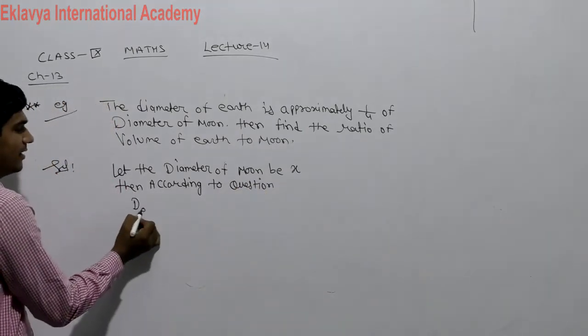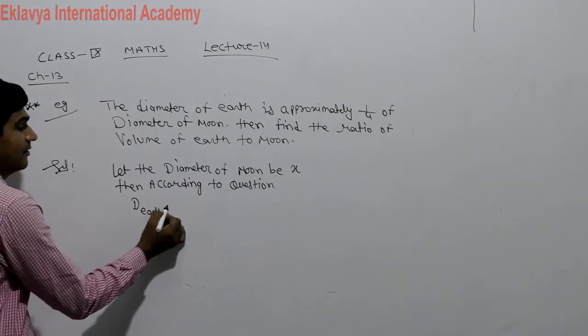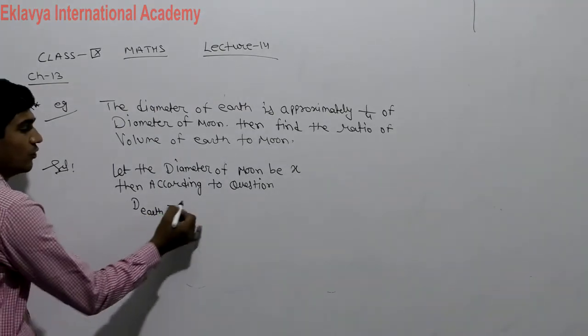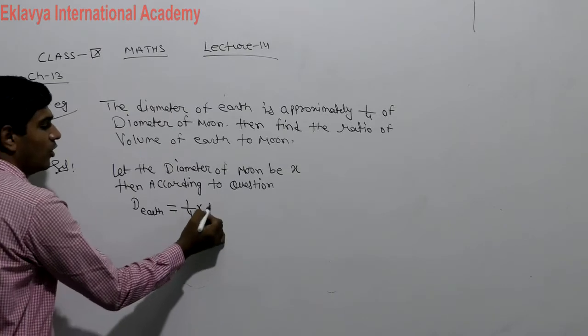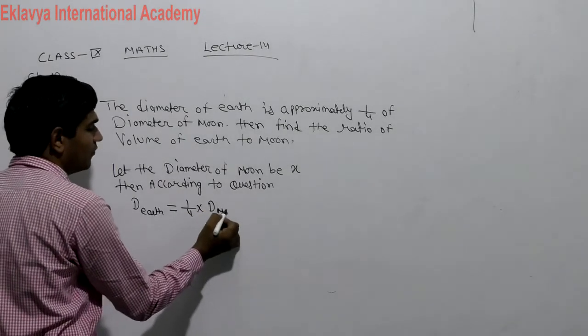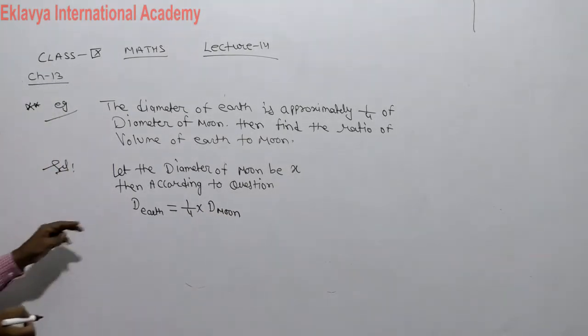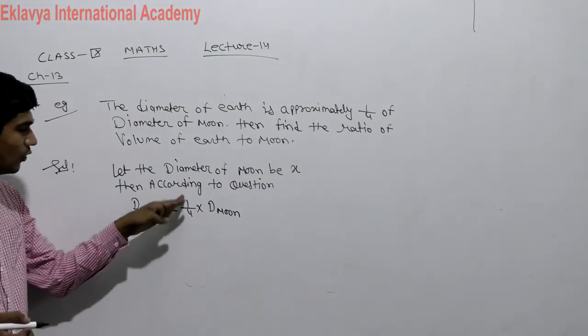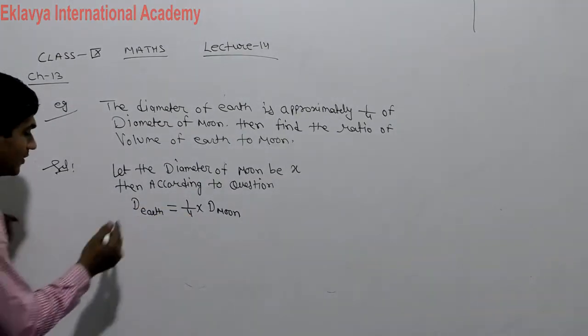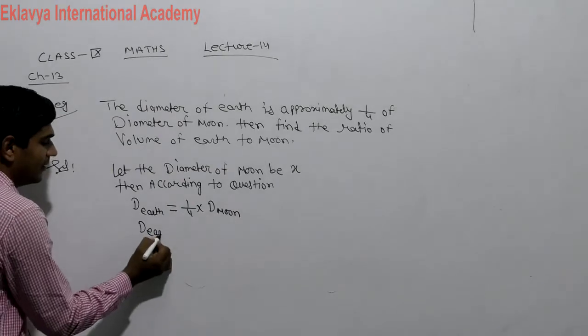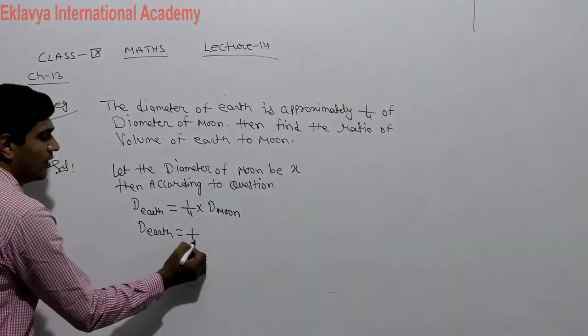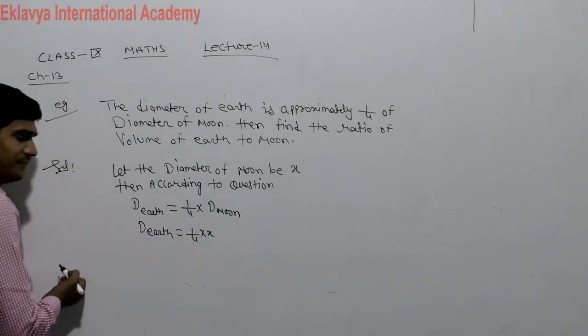The diameter of earth is equal to 1/4 of the diameter of moon. This is given. The diameter of earth is 1/4 of the diameter of moon. So what is the diameter of earth? 1/4 multiplied by x.